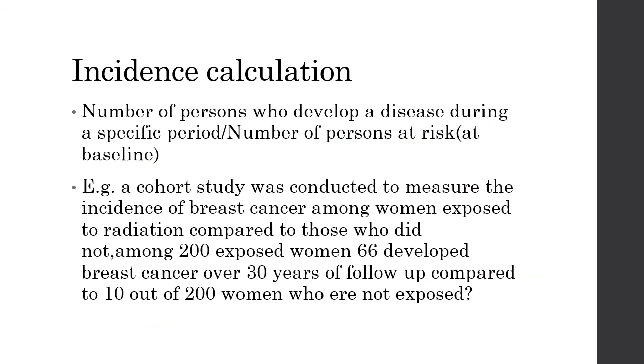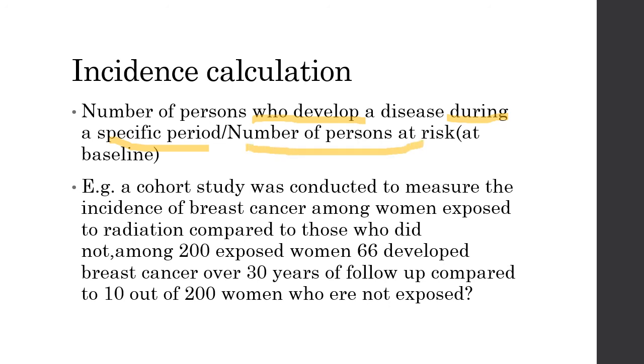How do you calculate the incidence? It is very simple. It is the number of persons who develop, and this is the thing, who develop the disease only during the specific period of the study and not having it at the beginning of the study. And you divide that number of people who have developed it over the number of persons who are at risk at the baseline.